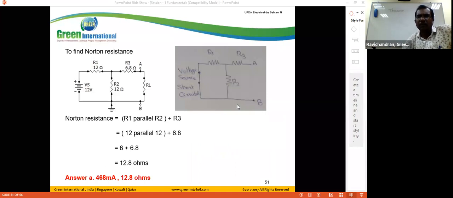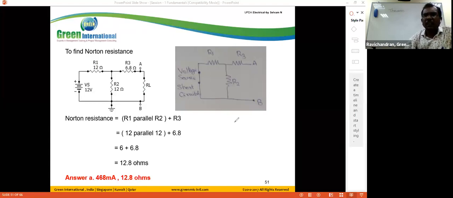So next step, to find the Norton resistance or Thevenin's resistance. To find the Thevenin's resistance, first remove the load resistance. Then remove the voltage source and short circuit it.